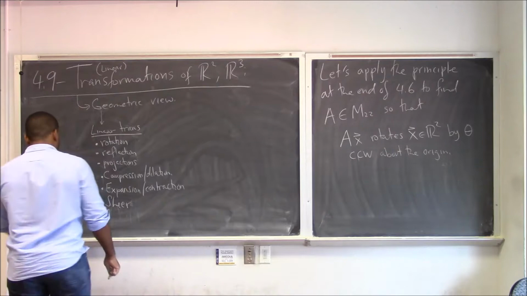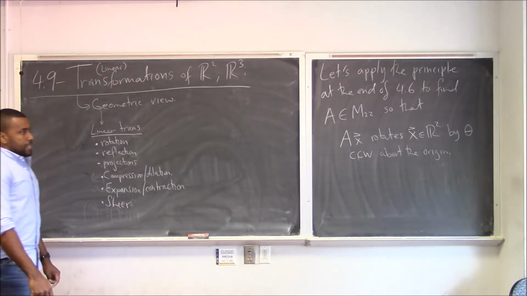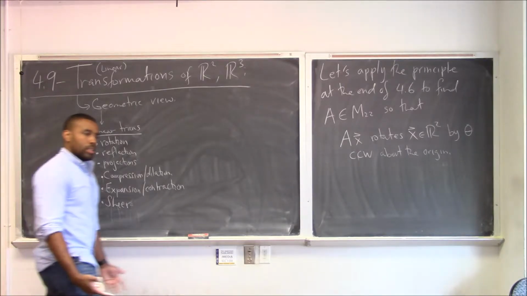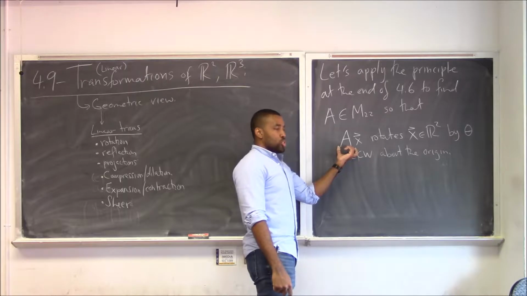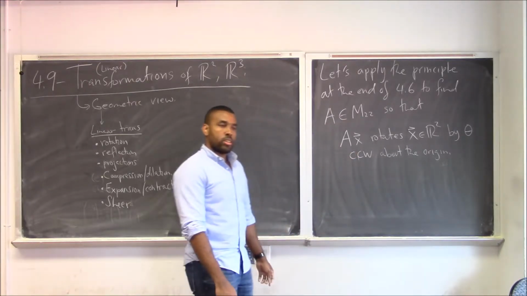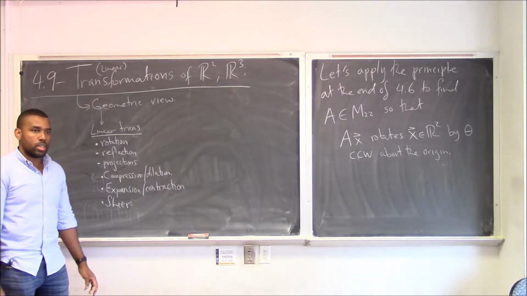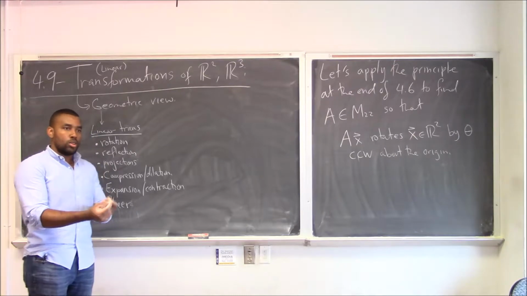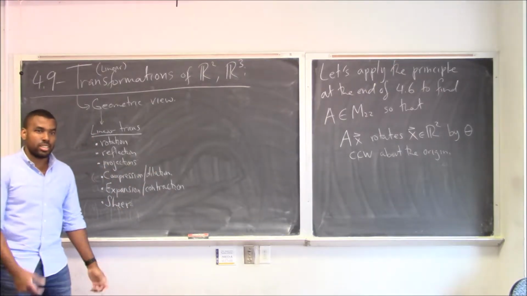I'm going to use this idea of a change of basis. Basically, the upshot is, if I can figure out what matrix will do that for the basis vectors, that matrix will do that for every vector. Because every vector, ultimately, I can write as a linear combination of those vectors. And so if I manipulate those vectors, every vector in the space will also be manipulated in exactly the same way.